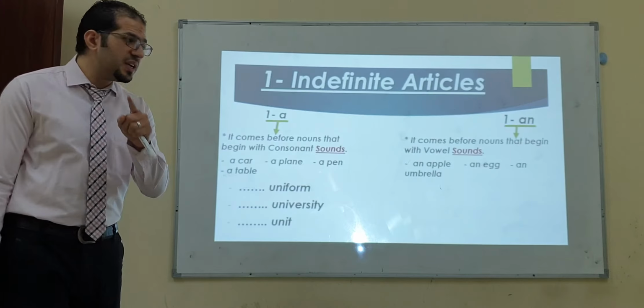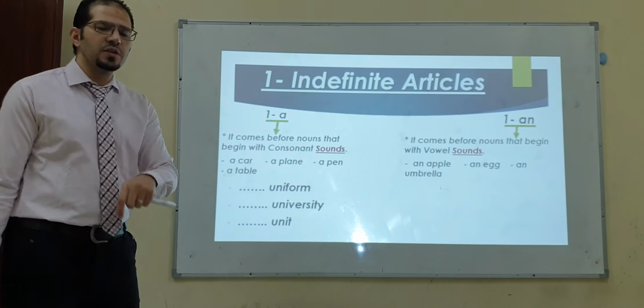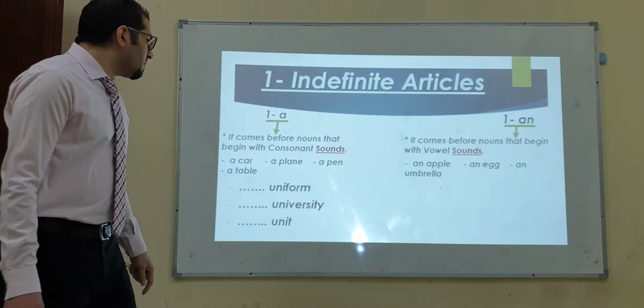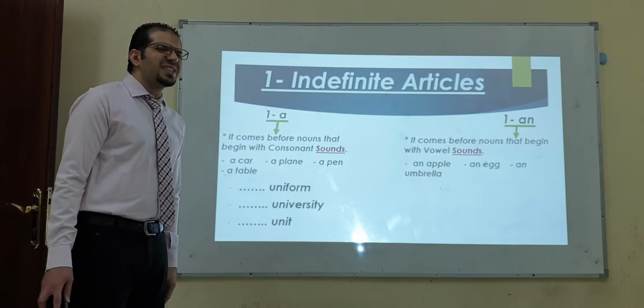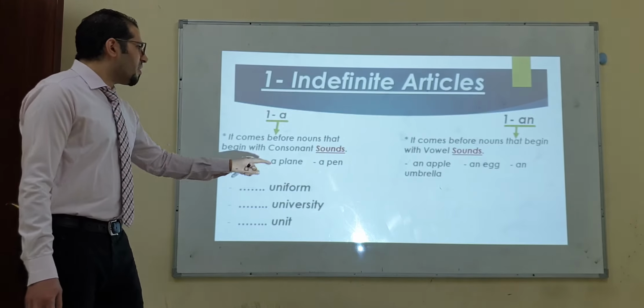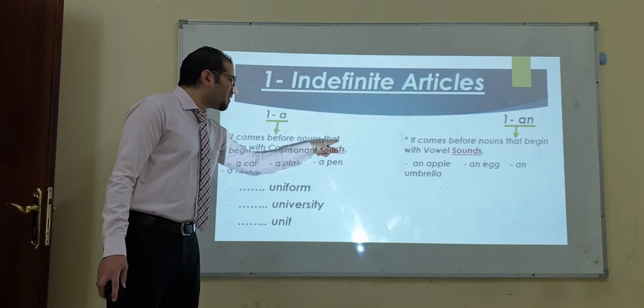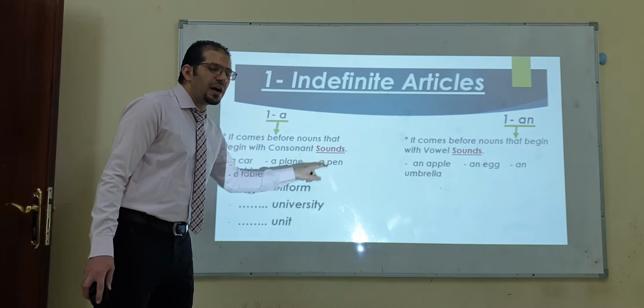I heard someone say it's an. Unfortunately, your answer is wrong. Because at the beginning of the word, yes, it's a vowel letter. But I have told you that we are concerned with the sound.